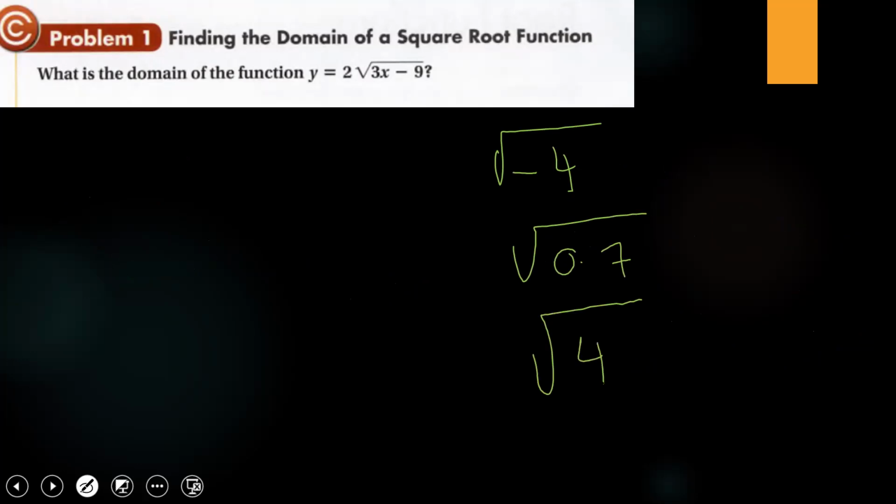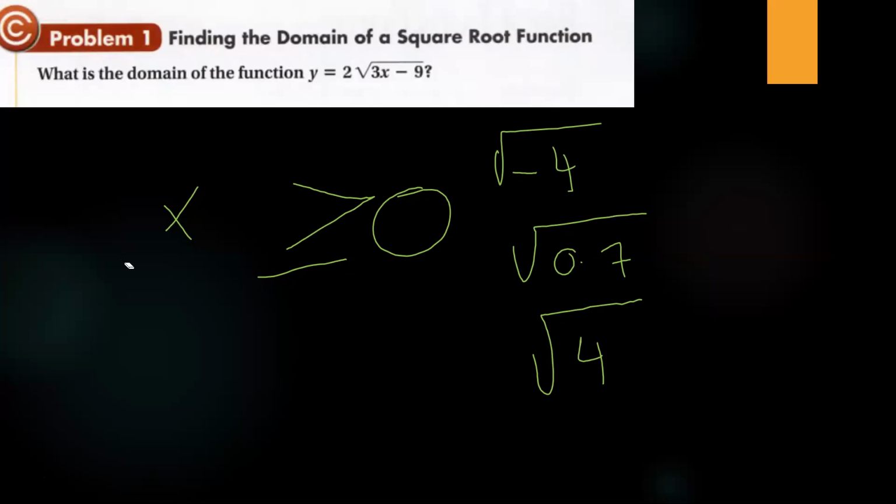So the domain for the square root of x must be greater than or equal to 0. It cannot be any real number, meaning both positive and negative numbers.